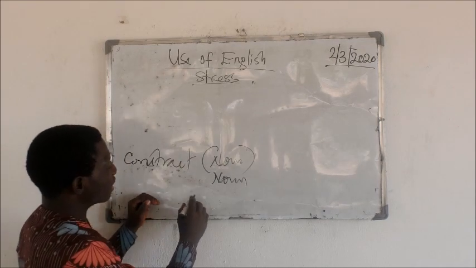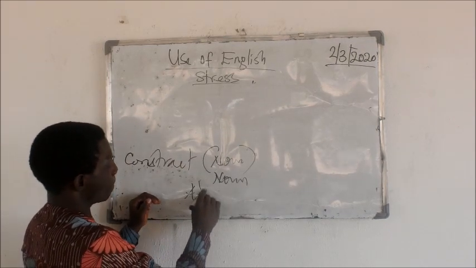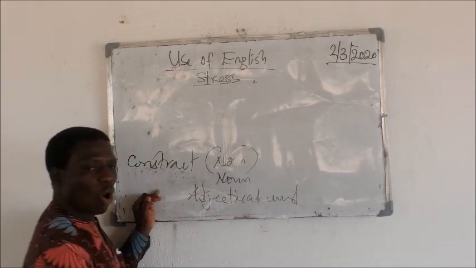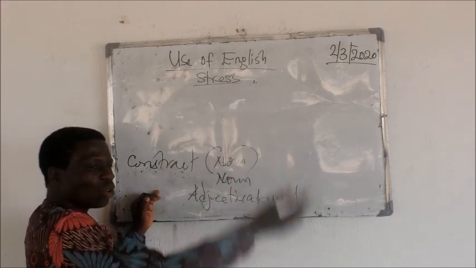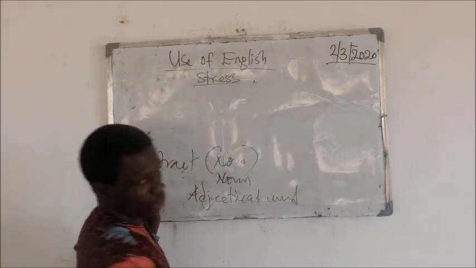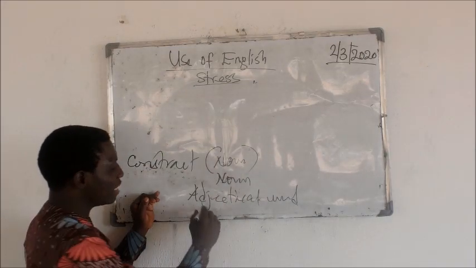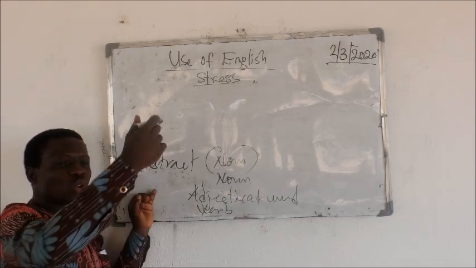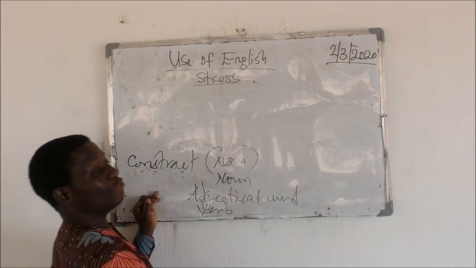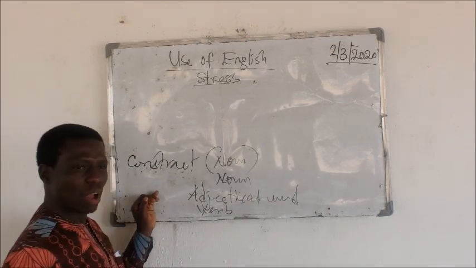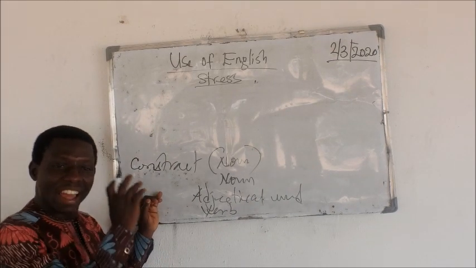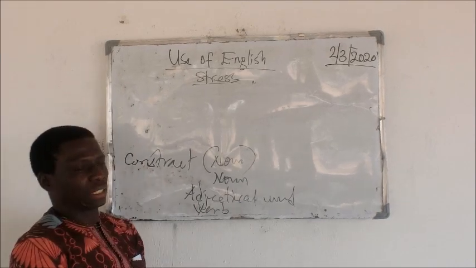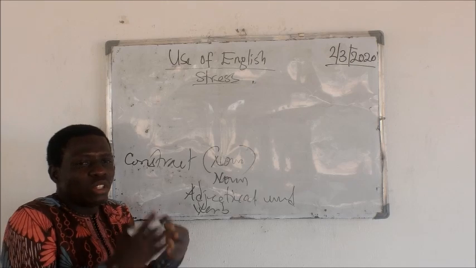Then if it is an adjectival word, it must also be in exchange of another adjectival word. Then if it is verb, verb will also go in exchange of another verb. That's what we are saying under emphatic stress, because it is used to lay emphasis, particularly in showing of constructs.